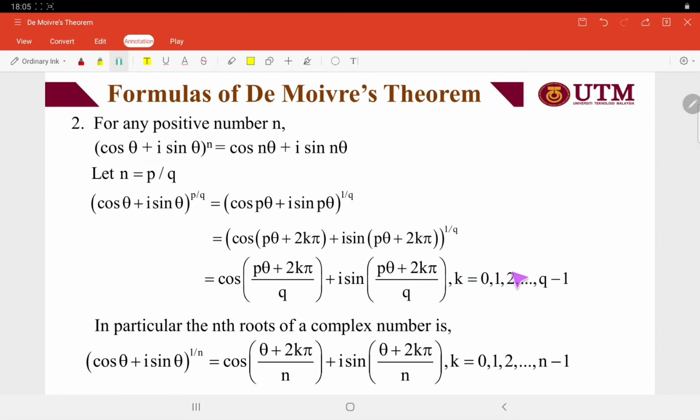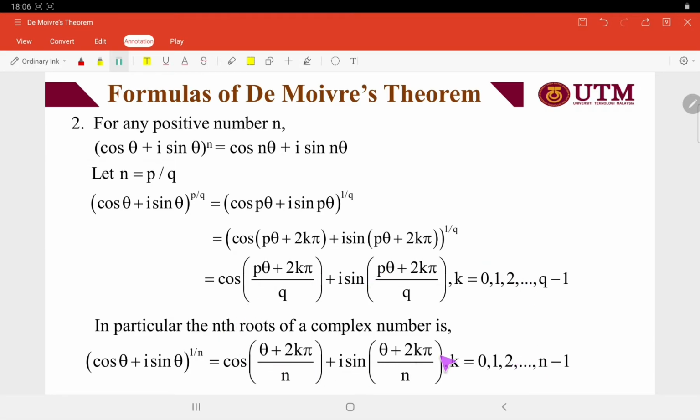0, 1 and 2. So in particular, the nth root of a complex number is given as cos theta plus i sin theta raised to the power of 1 over n, equals cos of (theta plus 2k pi) divided by n plus i sin of (theta plus 2k pi) over n, where k starts from 0, 1, 2 up until n minus 1.